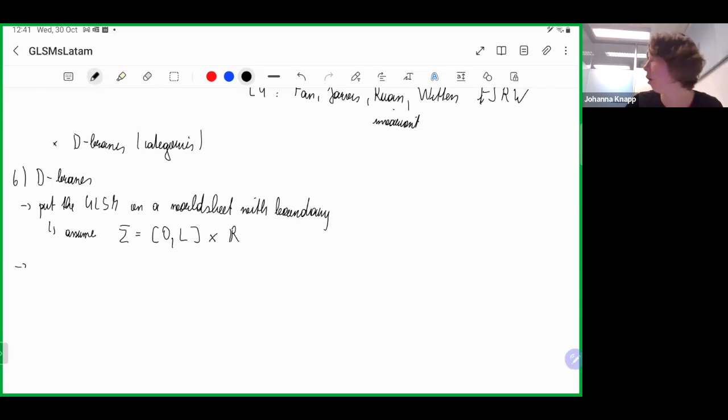And what is more, when you have supersymmetry, you also have to ask, how much supersymmetry do I have left? Because usually we want to have a little bit of supersymmetry left because that makes life easy and well organized, and that's good. So what we will do is we will not consider the most general boundary conditions, but we will consider boundary conditions which preserve the maximum amount of supersymmetry.